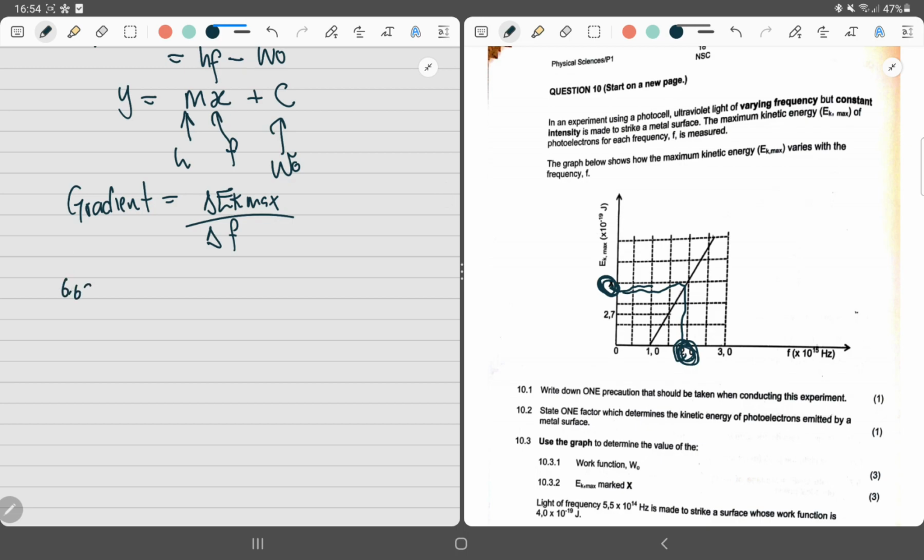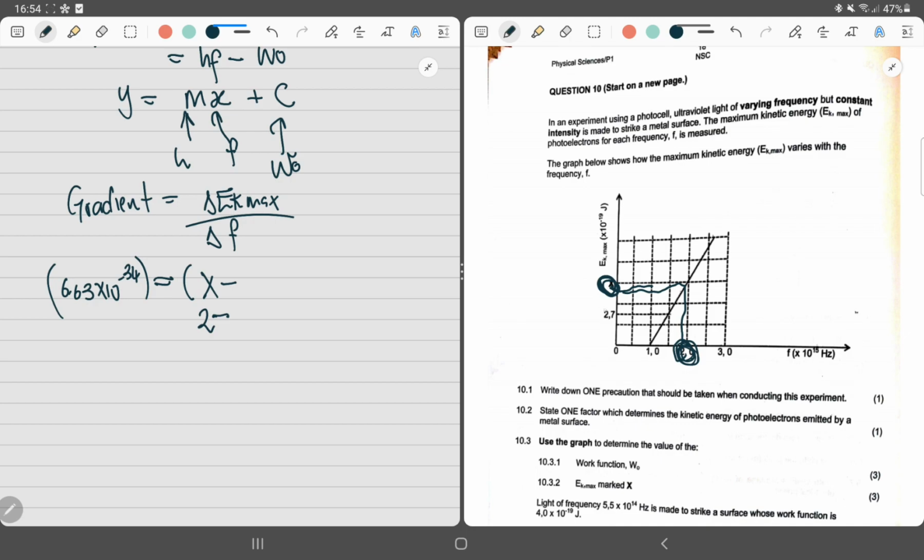So this is 6.63 times 10 to the exponent of negative 34. We've already established that when EK max is X, the frequency should be 2. So we'll choose any other point.